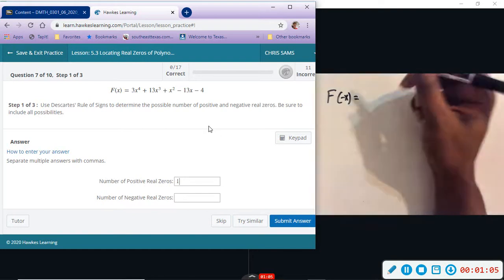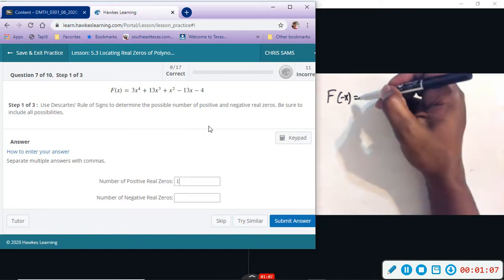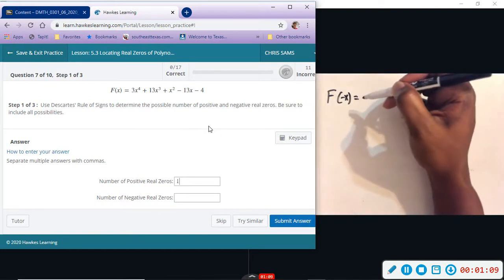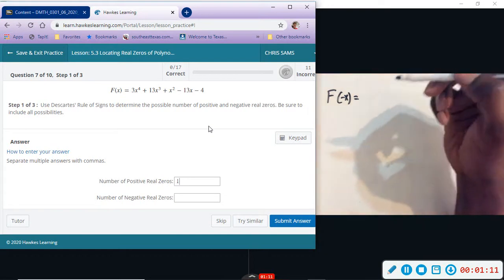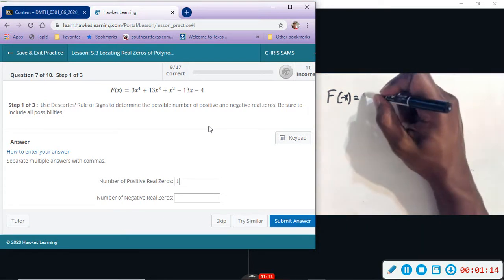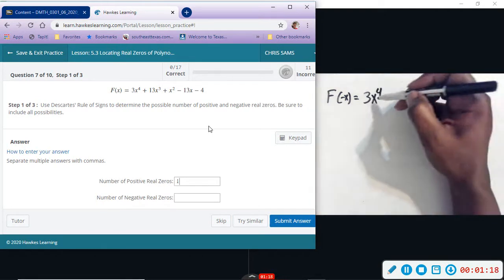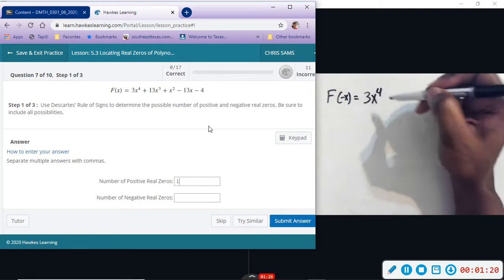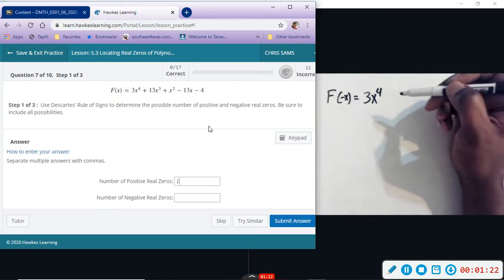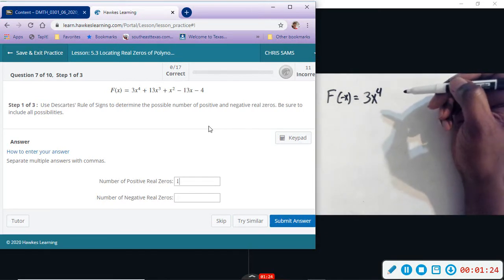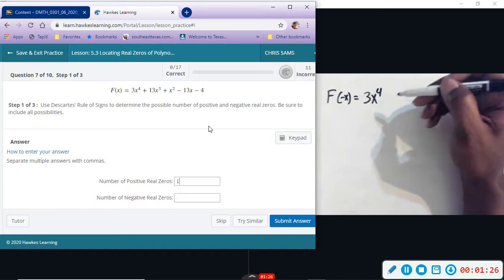Alright, so here's the long and short of it. When you plug a negative x into an even degree, like 3x to the 4th, it's not going to change signs. It's going to stay the same. So 3x to the 4th is going to remain positive because you're raising a negative to an even degree. Every odd degree will change signs. So 13x cubed was positive.